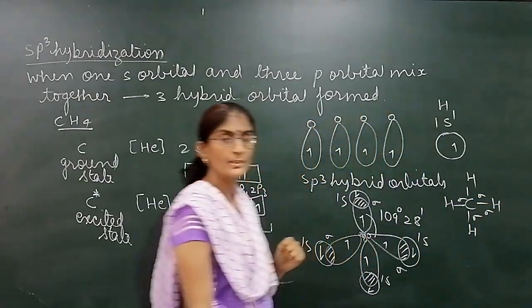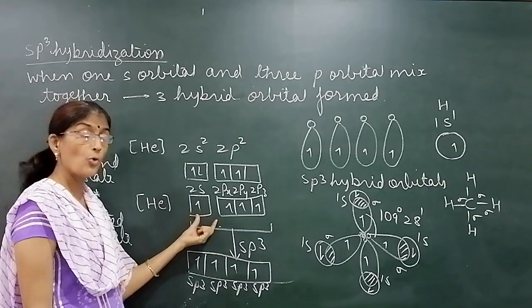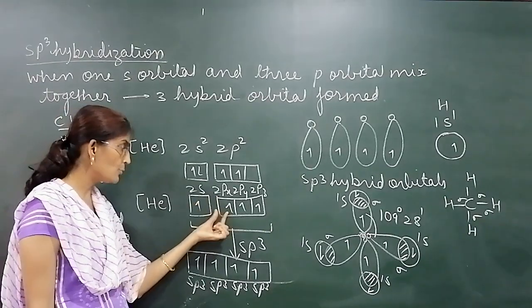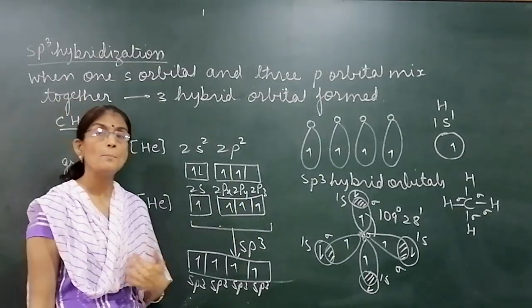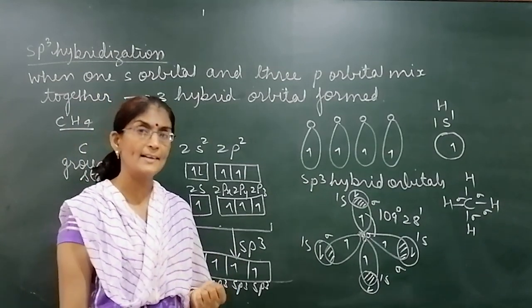Earlier it was questioned that if four bonds are formed by the 2s, 2px, 2py and 2pz orbitals of carbon, then how come all four bond lengths and bonds are identical?